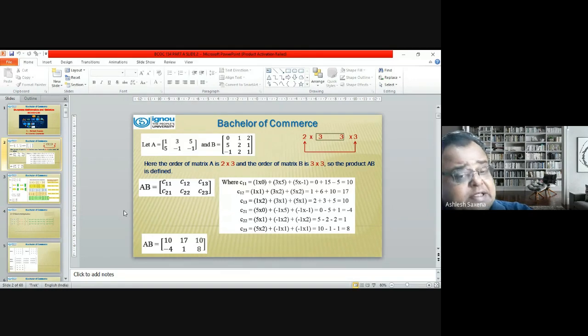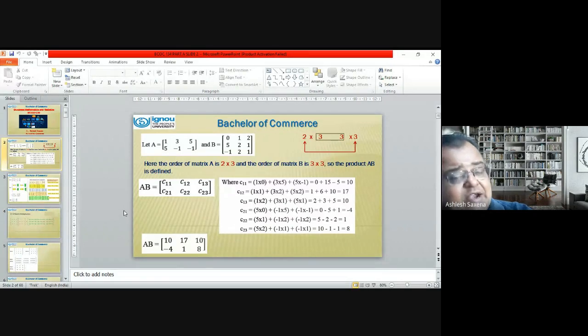Here you can see that there are three columns in matrix A, and there are three rows in matrix B. When we are supposed to multiply, we have to keep one thing in mind: the number of columns in the first must be equal to the number of rows in the second.